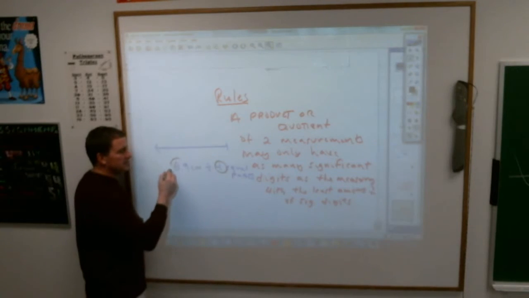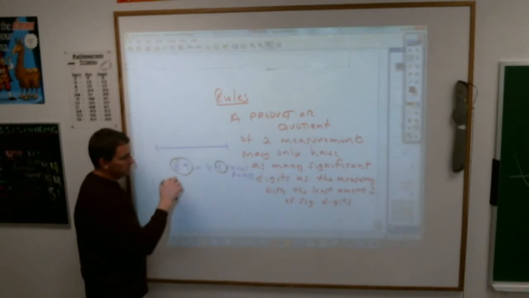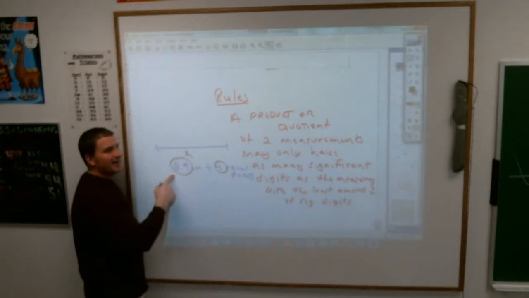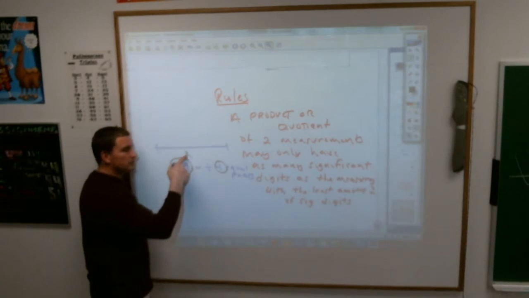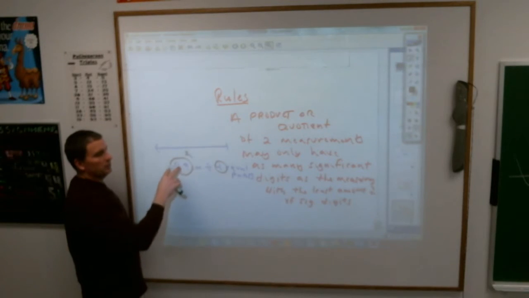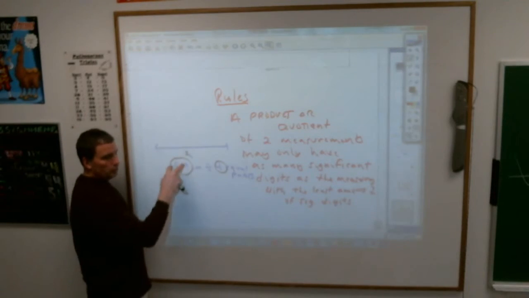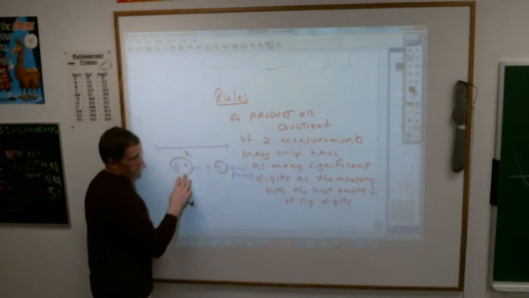Since this is a measurement, how many significant digits are there? 2. That means in my answer, I am only allowed to have 2 significant digits, like we had those rules of what are significant digits.